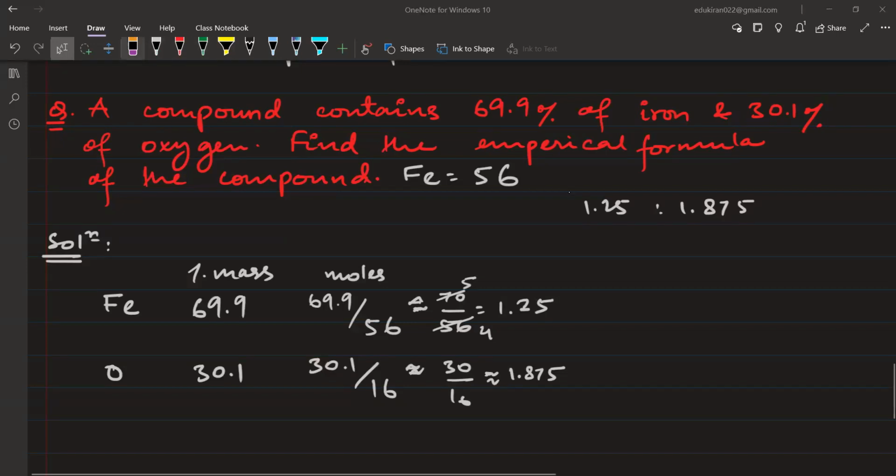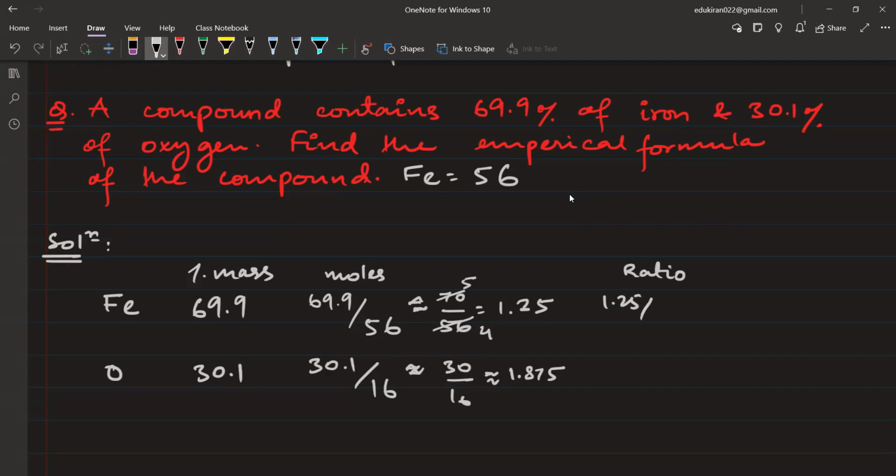Yes, we will divide by the smallest number, so we'll get the ratio. Smallest number is 1.25. So 1.25 divided by 1.25, and this will be 1.875 divided by 1.25. This will be equal to 1. And what will this be equal to?